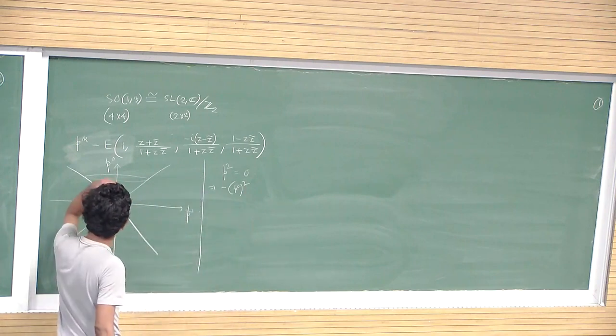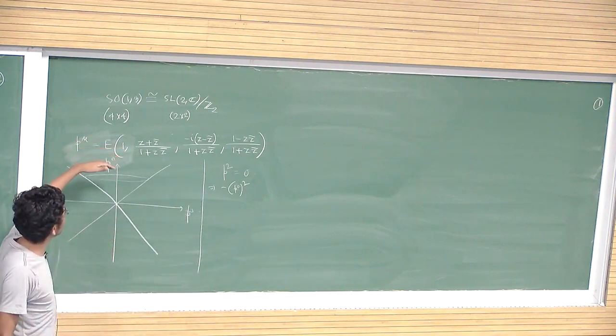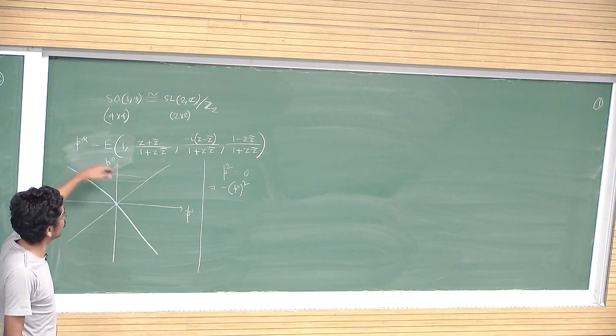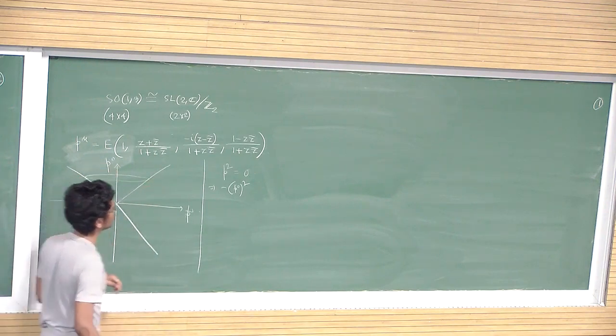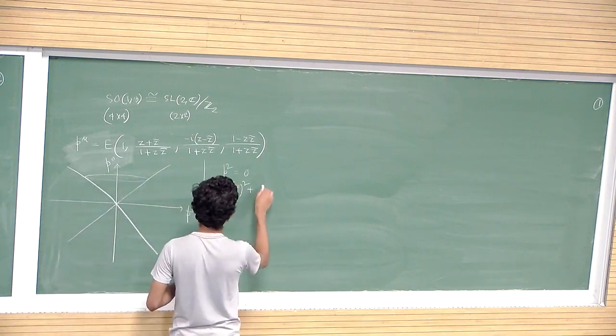Okay, so let me just show why this z, z bar are basically the coordinates, called the stereographic coordinates, on this sphere. So why is that so? This equation you can write in this way.